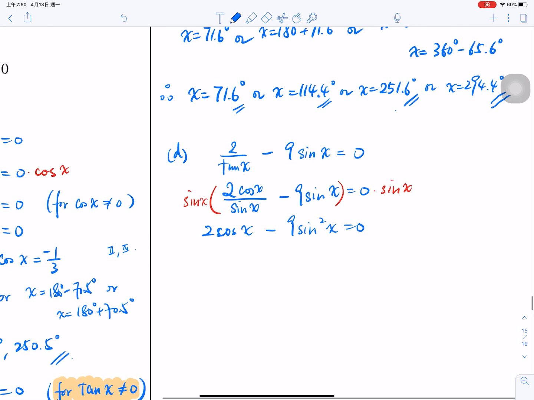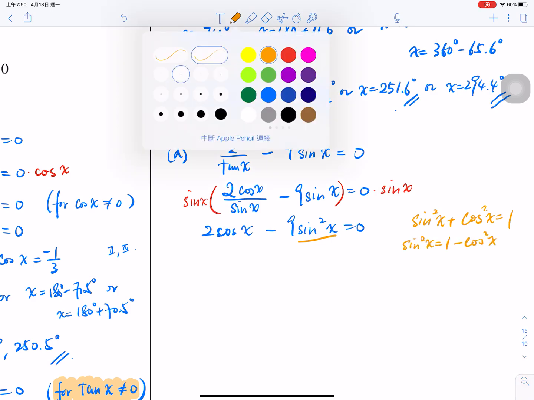Wow. This time, sine square x and cosine x, what can we do? Yeah, remember, identity. If we want to rewrite it as one kind of trigo function, sine square x can be rewritten as 1 minus cosine square x. That's good.